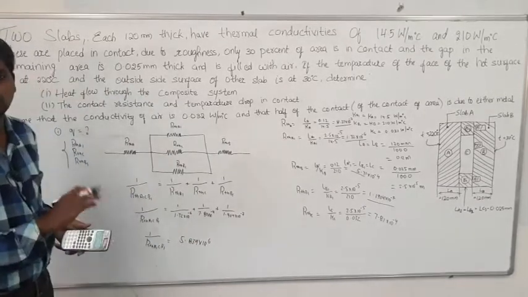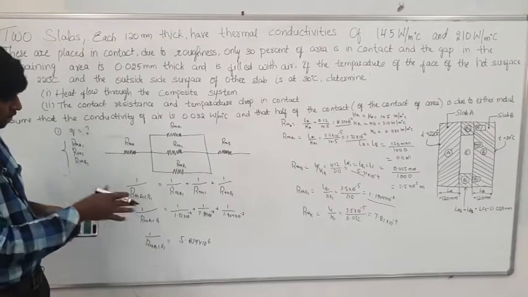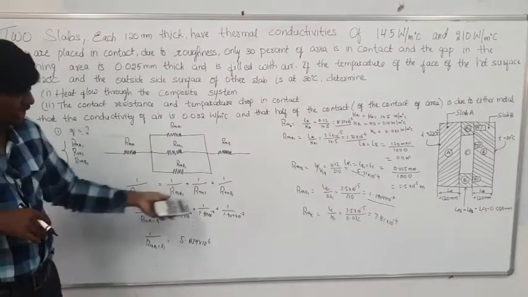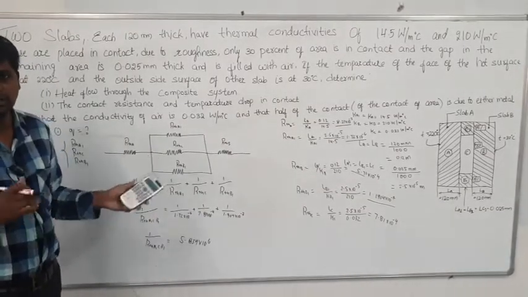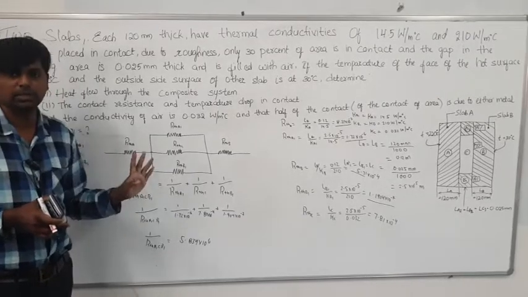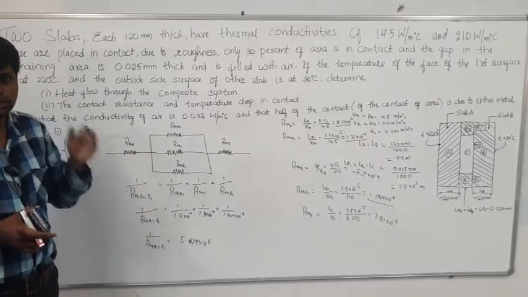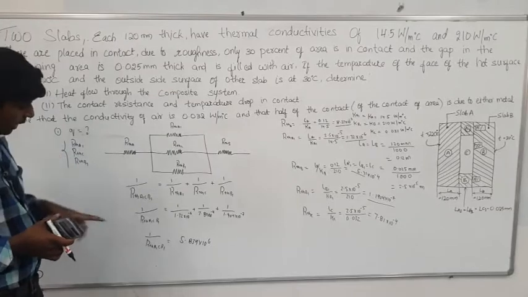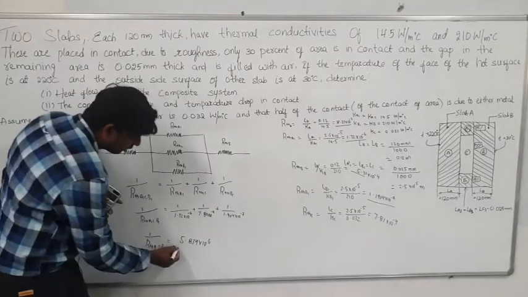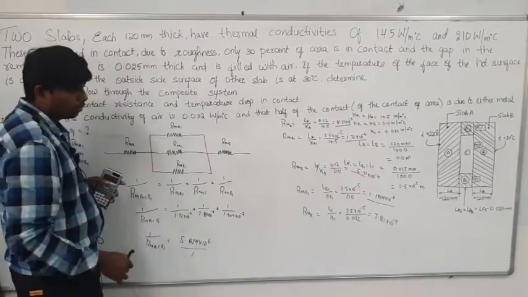Now what you have to do? You have to do the reciprocal. Here sufficient space is not there. That's why I solve this one directly, but in examination you have to solve it step by step. Then after that, you have to go for reciprocal.